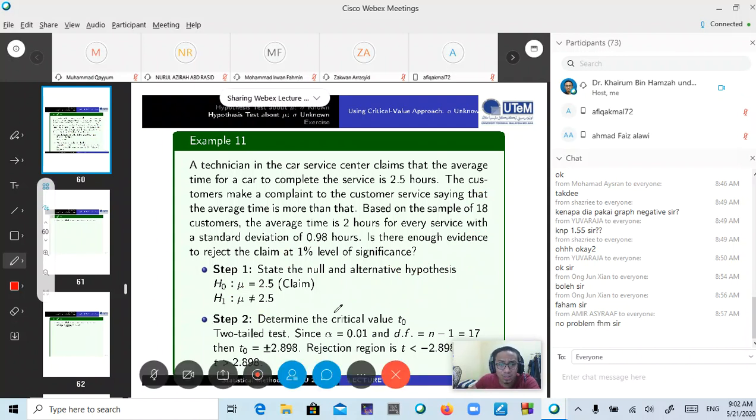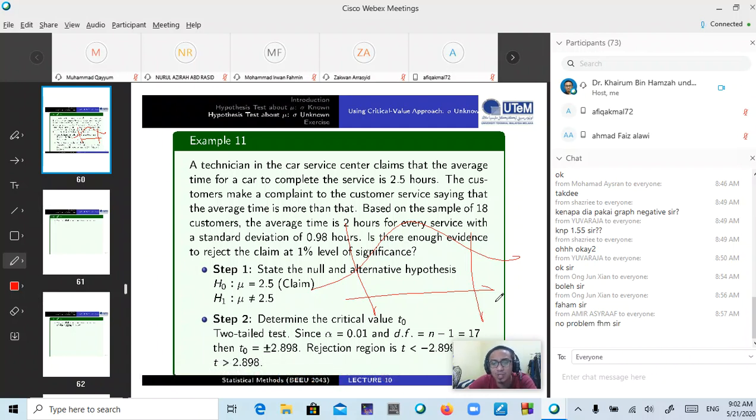Since this is two tail, so your T naught have two. Okay, negative and positive. That's why we put T naught equal to plus minus 2.9. And we reject the region when T less than negative 2.898 or T greater than 2.898.